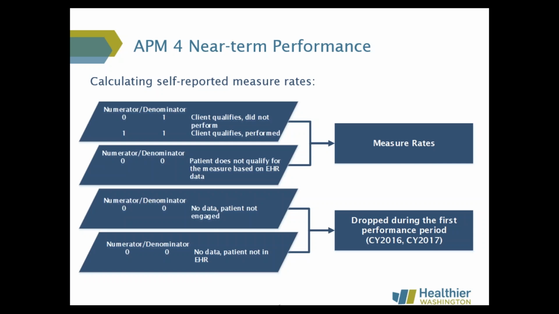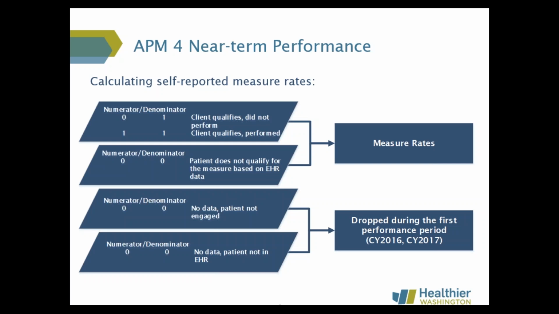So in the first row there, under numerator denominator, the client qualifies for the measure, but there was no performance for that client, so they didn't qualify in the numerator portion of it. In the bottom half, the client qualifies and there was performance. So those will go into your measure rate.